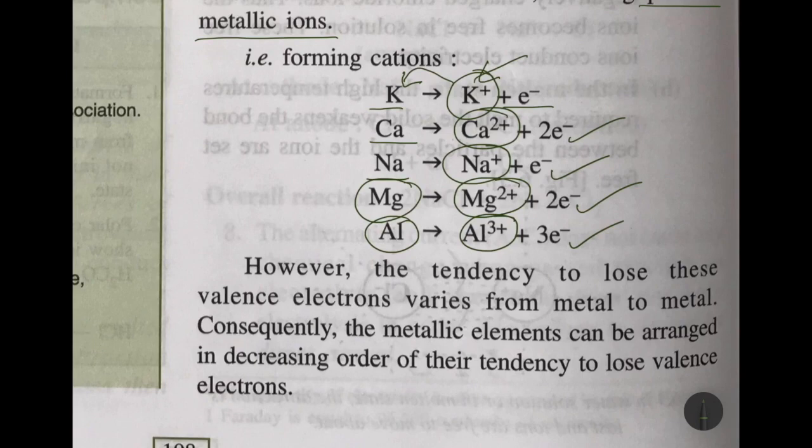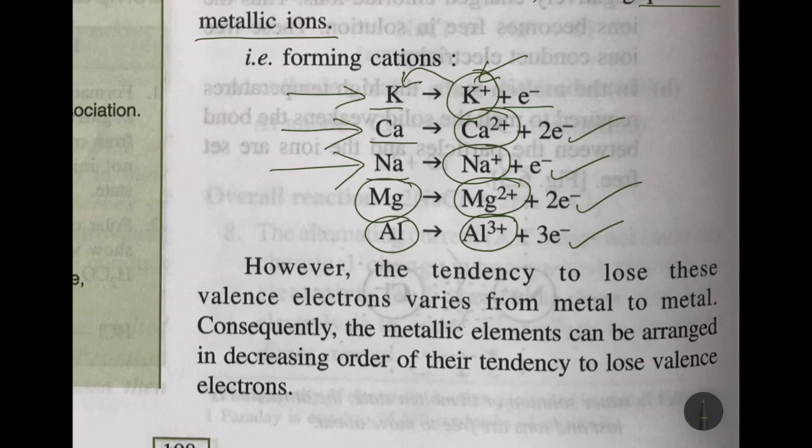Which one will lose first? Supposing in a solution you have potassium, calcium, and sodium ions, which one is going to lose the electrons first, or gain the electron first? That depends from metal to metal.